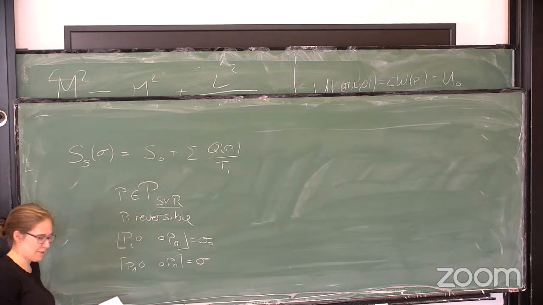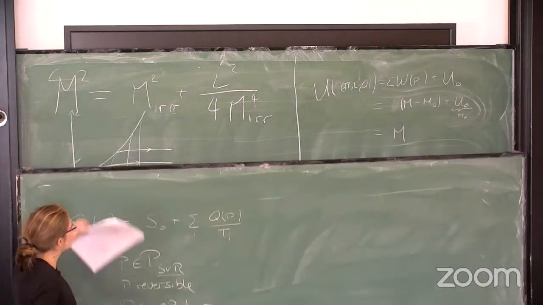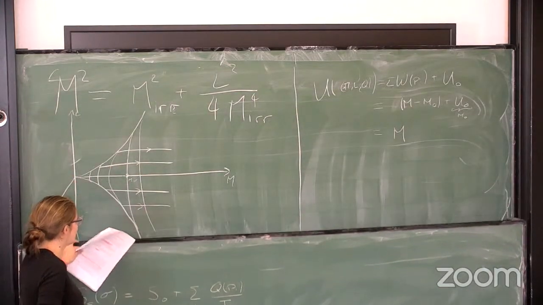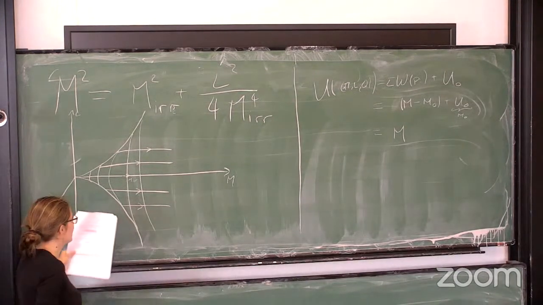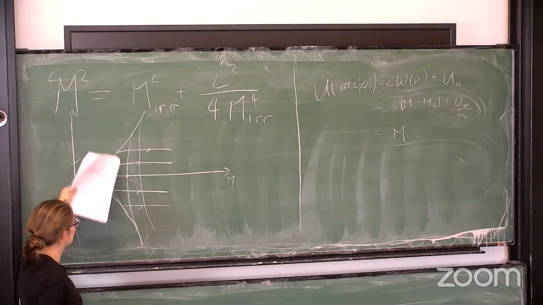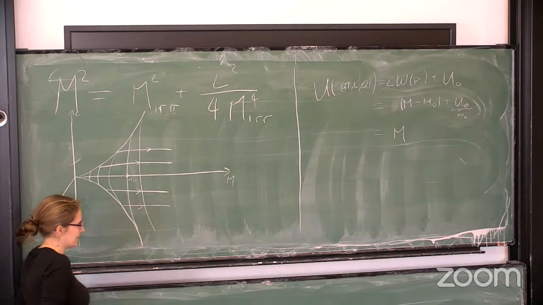We've already found one reversible process, but as you see in this graphic here, you can only move on these curves, or if you consider charged black holes on these surfaces, but you cannot go from any state to any state.